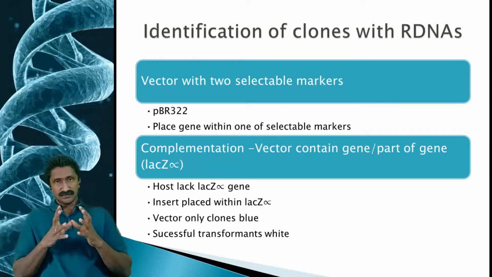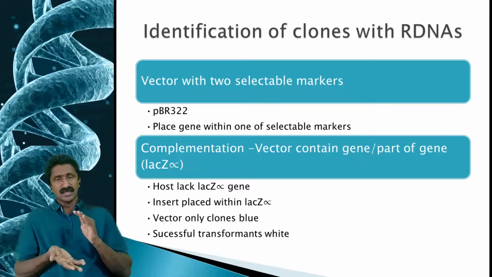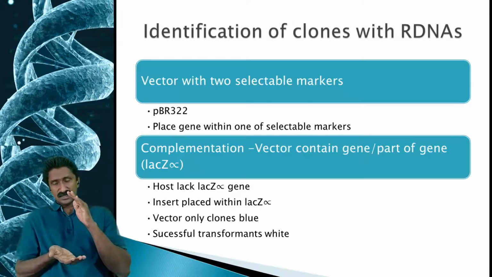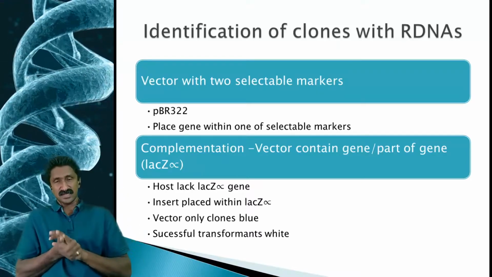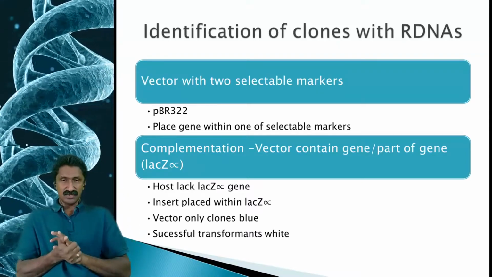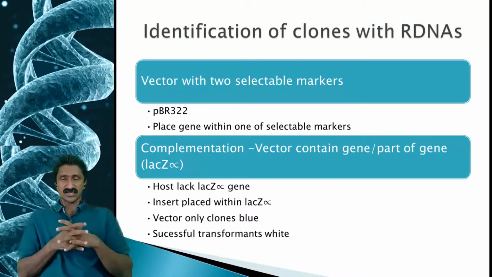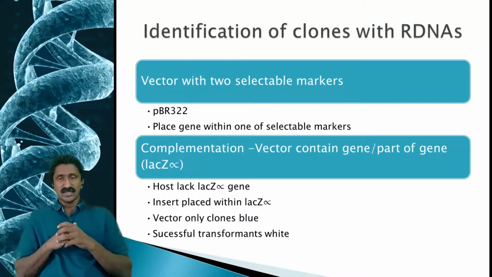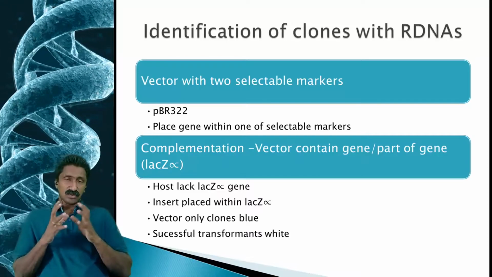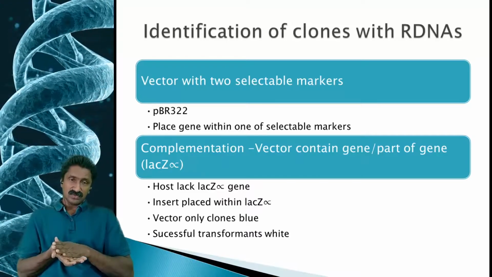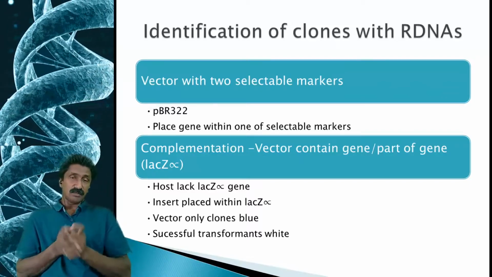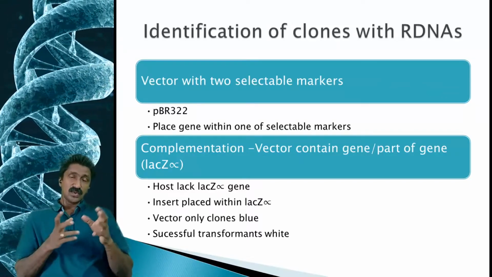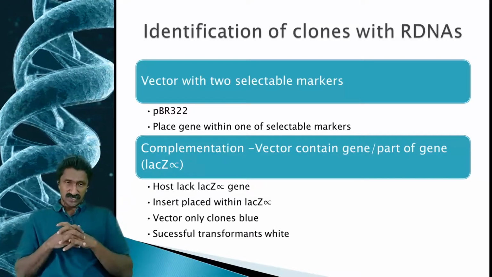Complementation is where the vector contains a part of a gene that is missing in the concerned host cell. For example, I will describe it in the next slide with an illustration. In complementation, the vector carrying the rDNA contains a part of the host cell gene which is actually missing in the host cell.